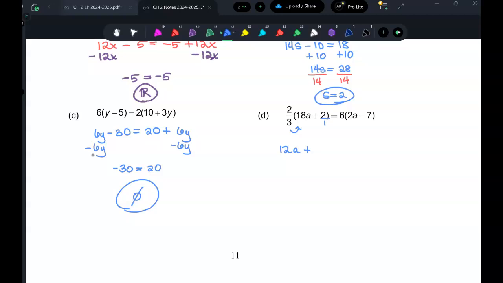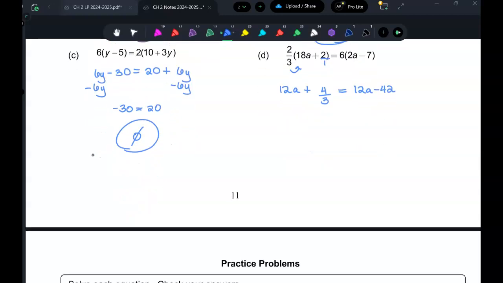Or when we multiply fractions, we multiply the numerators, 2 times 2 is 4. And then the denominators, remember any whole number we can put over 1. So 3 times 1 gives us 3. On the right side we get 12A, 42.